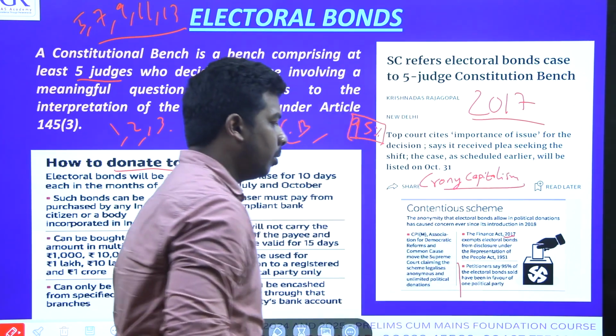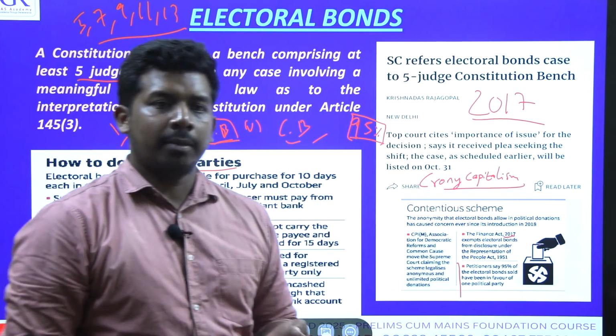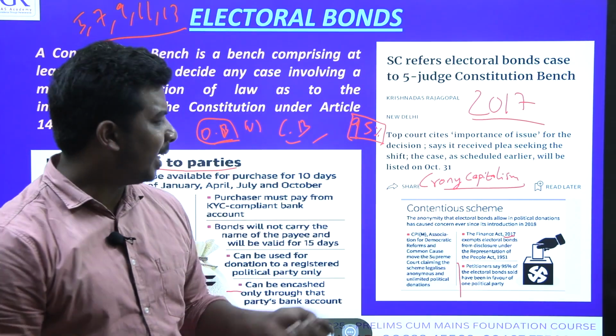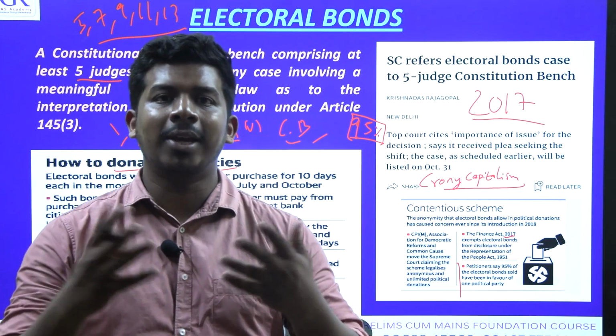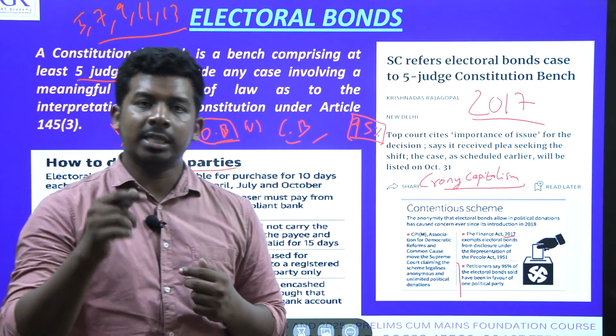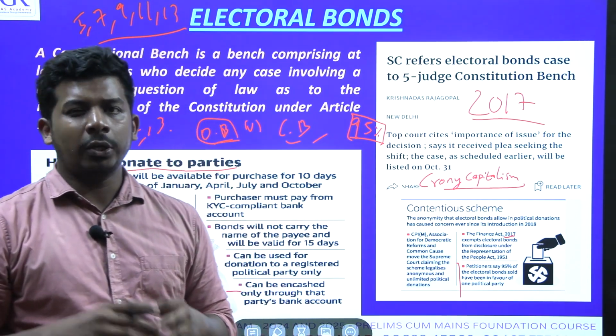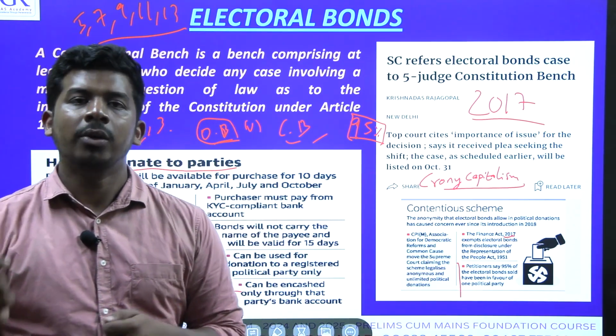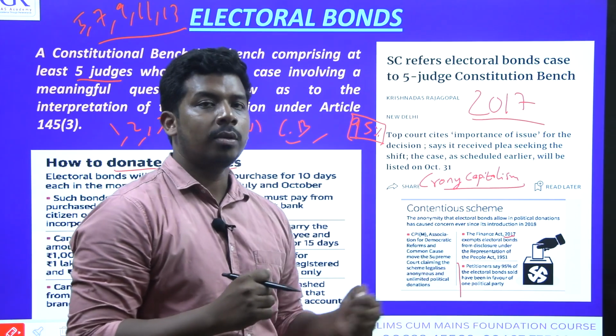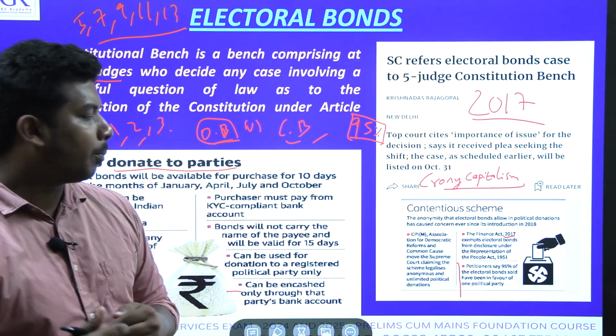Plus, whoever donates to the political party remains anonymous, so the public does not have any information. If the richest person in India donates a very huge amount to a particular party in return for some favor, no one donates for free. So there will be a quid pro quo.